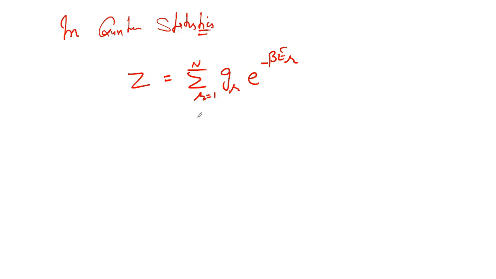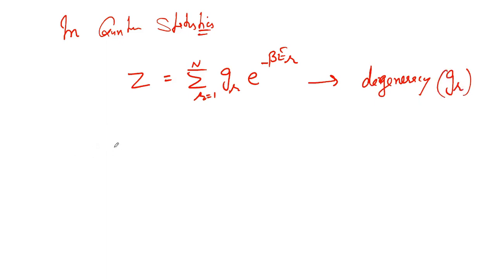So this is for the quantum system when the energy value is degenerate, with degeneracy g_r, having different energy states.